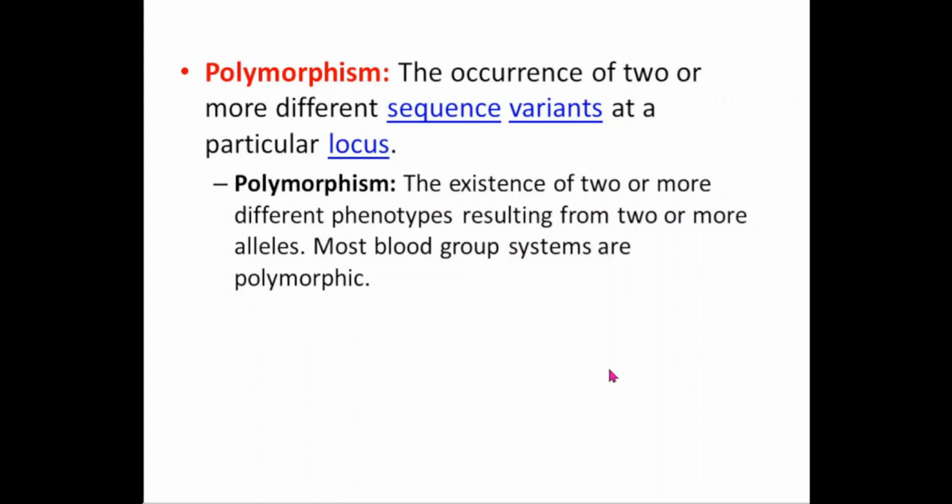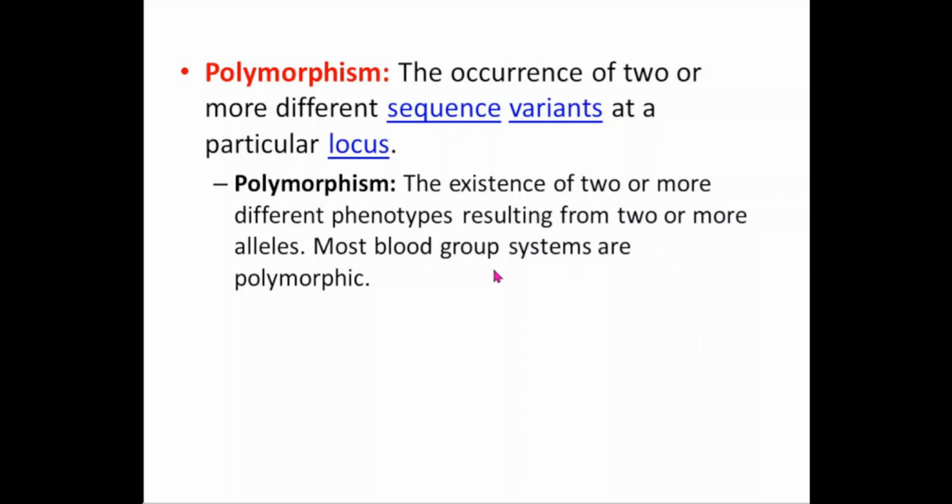What is polymorphism? Poly means many and morph means form or shape. So many shapes or many forms. The occurrence of two or more different sequence variants at a particular locus we call polymorphism. Then finally, there will be a polymorphic phenotype: the existence of two or more different phenotypes resulting from two or more alleles.